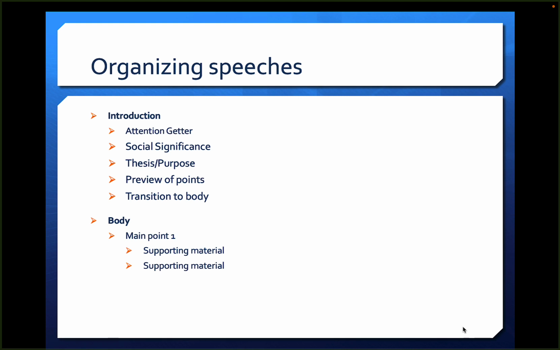Maybe there's one subpoint, maybe there's two subpoints, maybe there's no real subpoints, but there's one piece of evidence that you're going to really look at in depth. The thing I'm trying to tell you here is that once you say you're going to inform someone about something or you make a claim about something, you have to back it up.